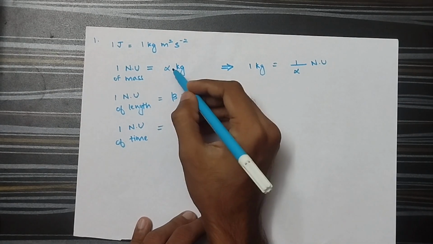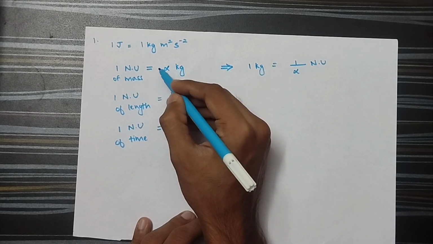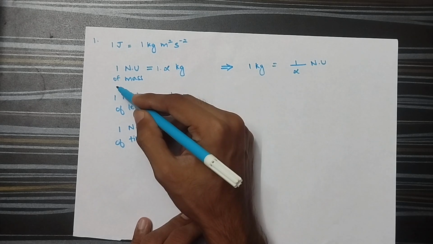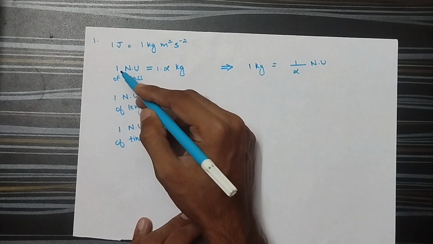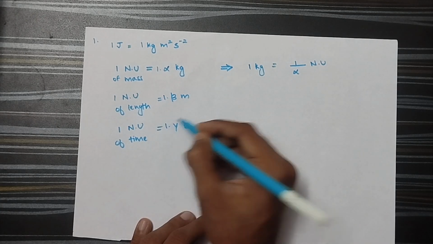Did you understand? We took the alpha to the denominator. Since this is 1 times alpha, we can just take this alpha down here. So 1 kg would equal 1 by alpha new units. Here also, this is all multiplied by 1.